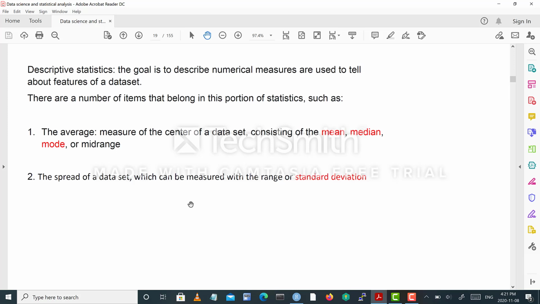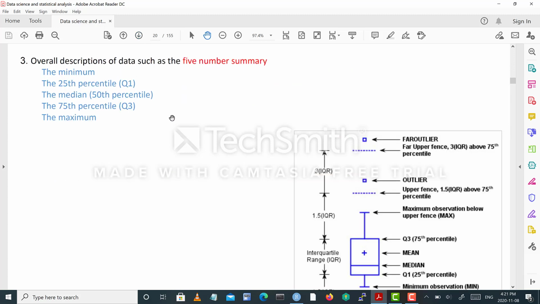The spread of a dataset can be measured with the range or standard deviation. Then there is the overall description of data, such as the 5-number summary: the minimum, the 25th percentile, the median or 50th percentile, the 75th percentile, and the maximum.